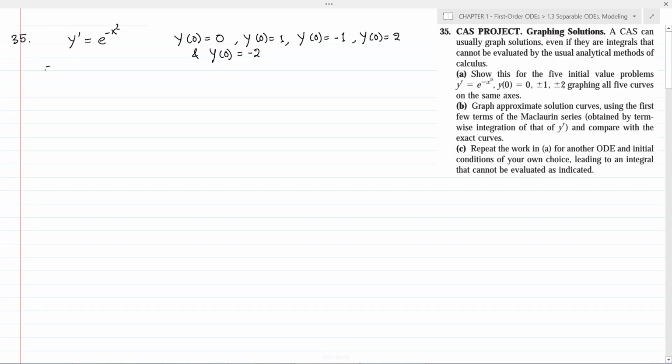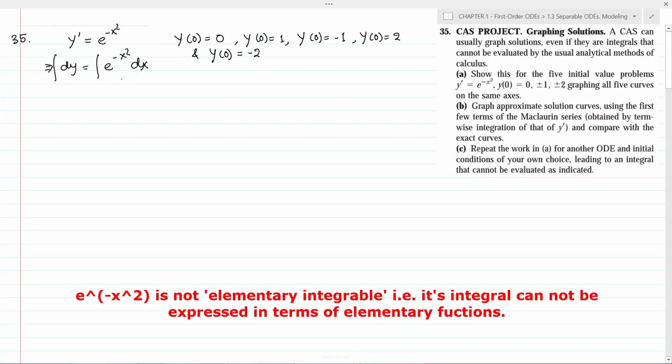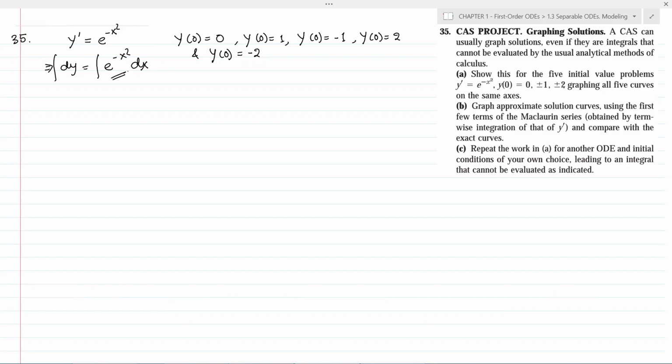Now we can write from here that dy equal to e to the power minus x square dx, and we can integrate both sides. However, the integration of this function e to the power minus x square cannot be expressed in terms of normal functions such as trigonometric, logarithmic, exponential and all those common functions.